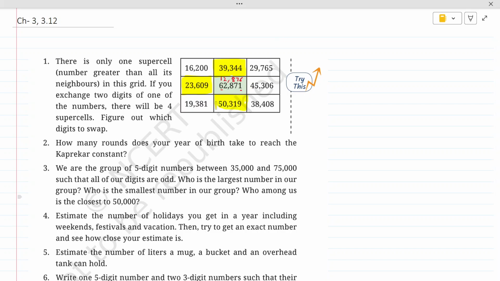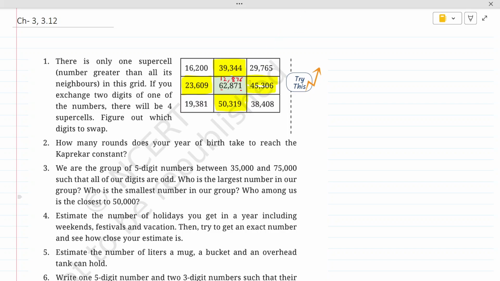So now we have 3 supercells and we need one last supercell. Let us focus on this cell because again this is neighbor to the changed cell. Here 45,000 is greater than 12,000, greater than 29,000 and greater than 38,000 also. So this 45,000 cell also becomes a supercell.